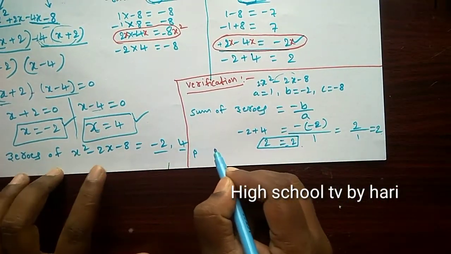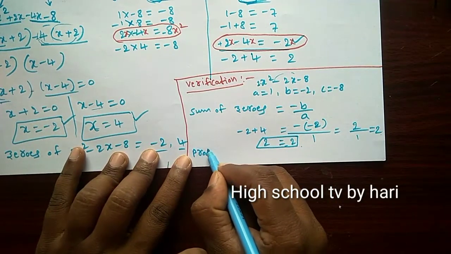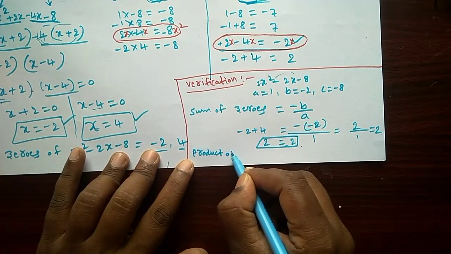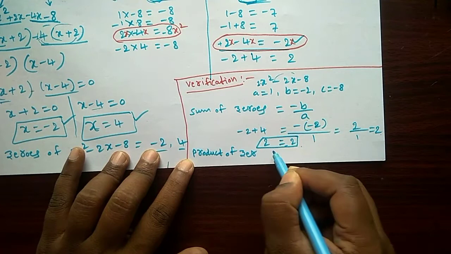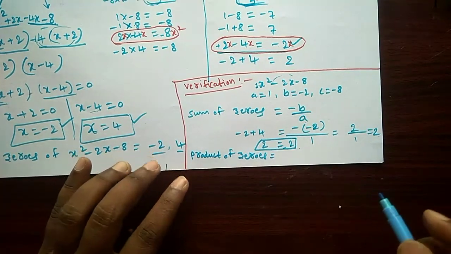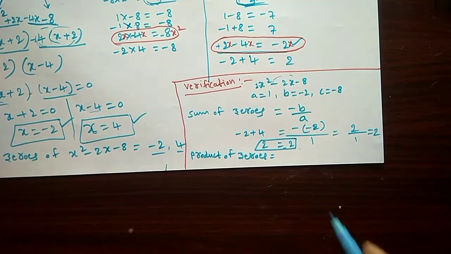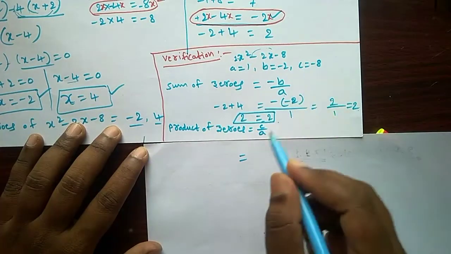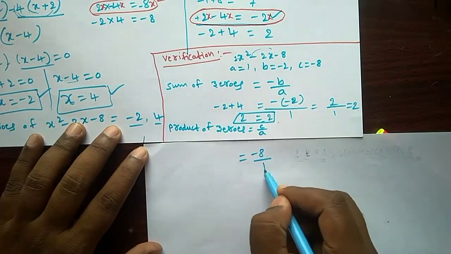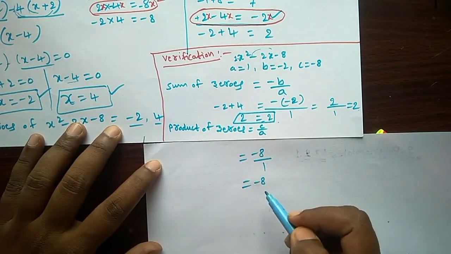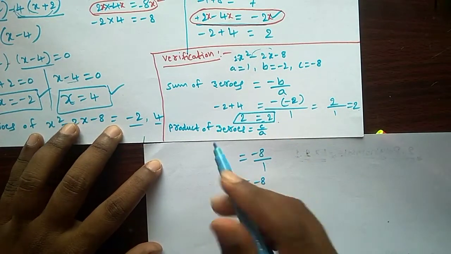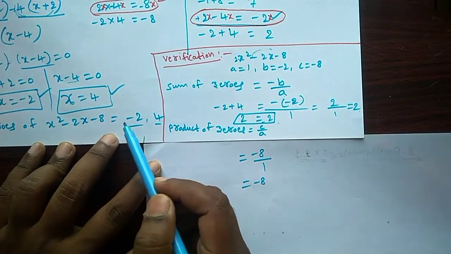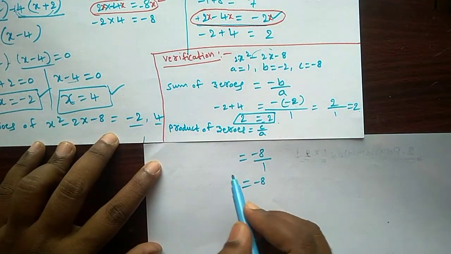Now the product of zeros is equal to c by a. C by a is c equals minus 8 by a equals 1, so minus 8 by 1, which is minus 8. In the LHS, our zeros are minus 2 and 4.